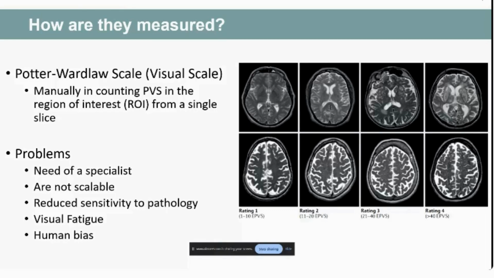The sensitivity is reduced because you're only looking at one slice. And if you do it continuously, then you start miscounting, and there's a lot of human bias, because if they see a lot of disease, even if it is not PVS, they start giving different ratings. So the inter-observer reliability can vary depending on how you do it or who does it.